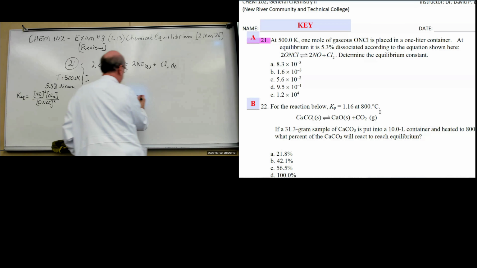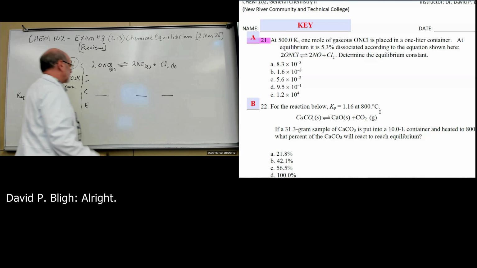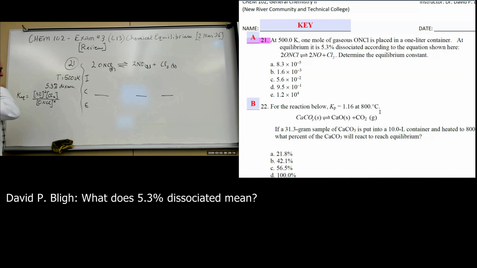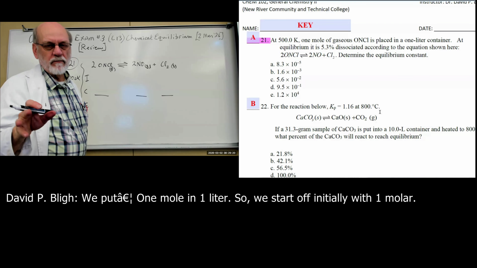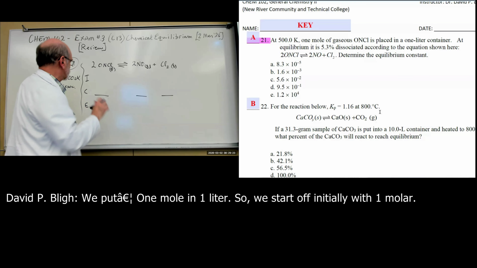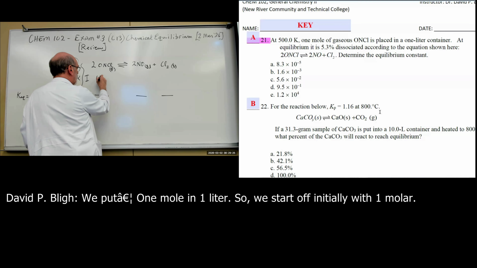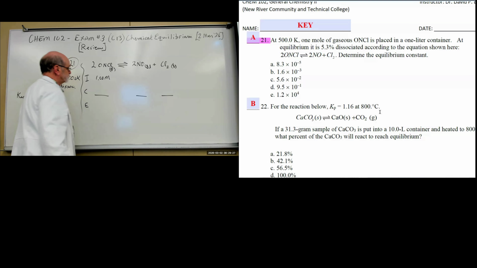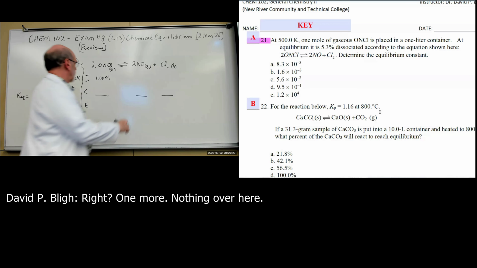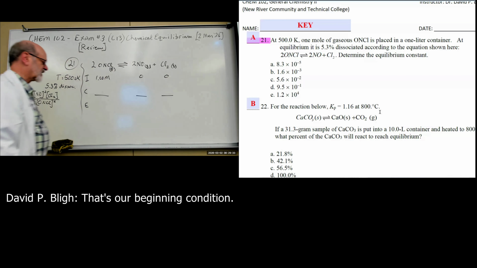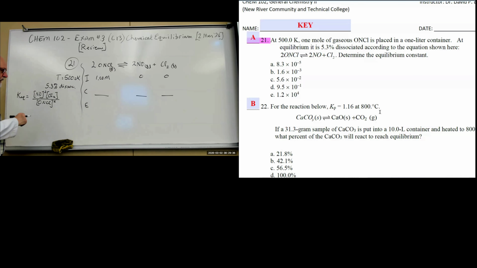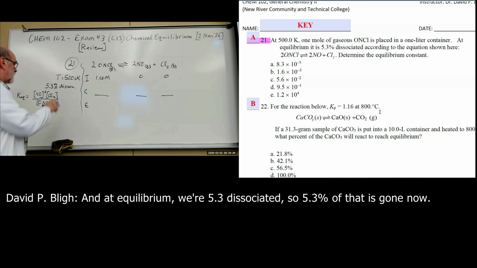All right, what does 5.3% dissociated mean? We put 1 mole in 1 liter. So we start off initially with 1 molar, and nothing over here. That's our beginning condition. And at equilibrium, we're 5.3% dissociated.